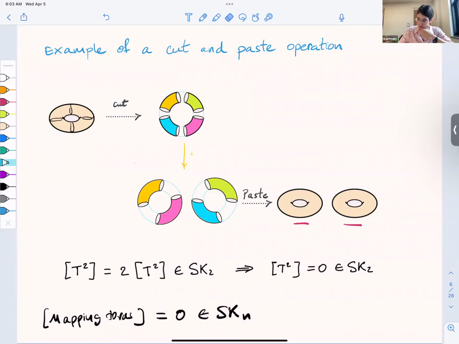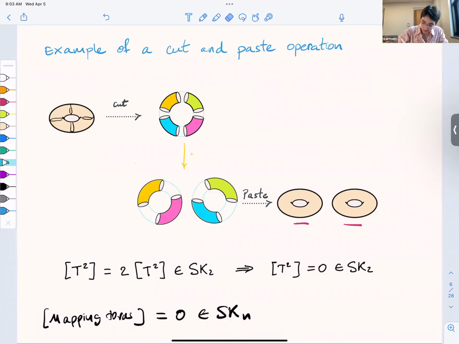Oh, right. It's actually not that related to the genus. It's related to the fact that this fibers over S1.